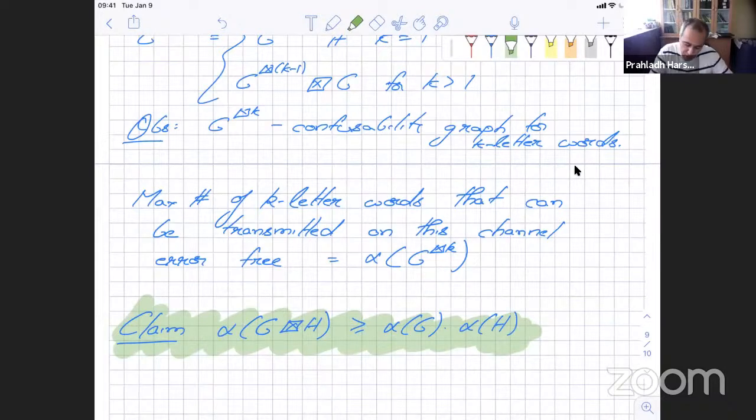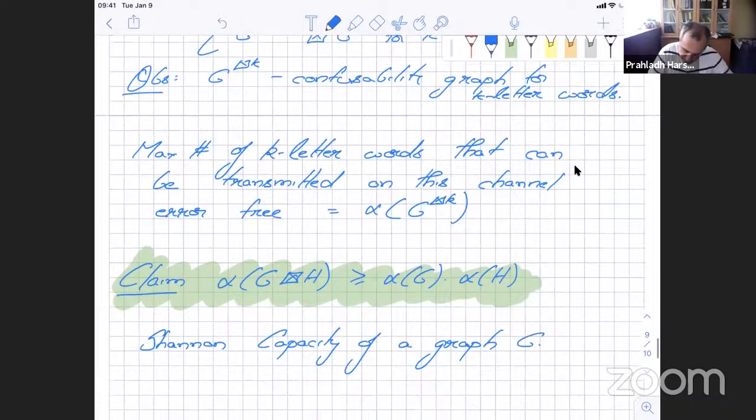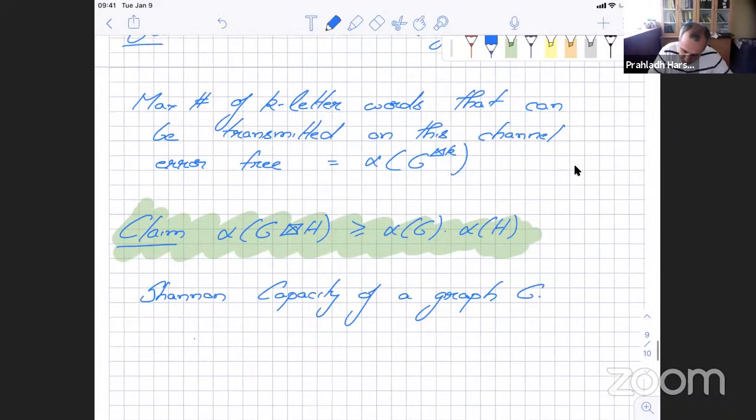The Shannon capacity of a graph G is defined to be, it's called sigma G, the supremum over all K of log of alpha of G tensor K, divided by K. You're sort of amortizing this fact.